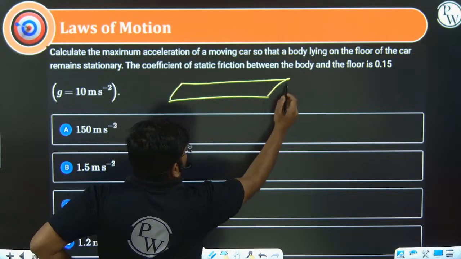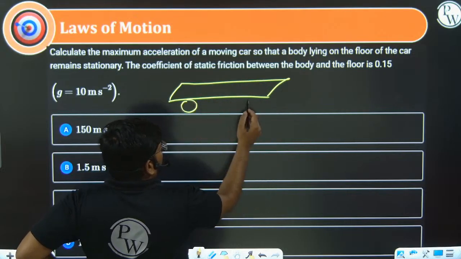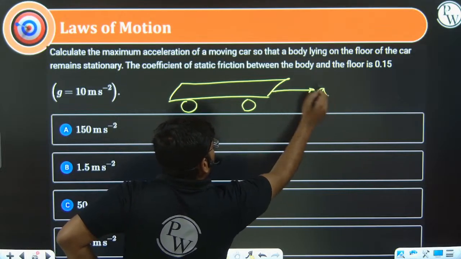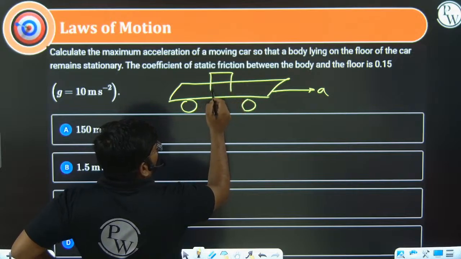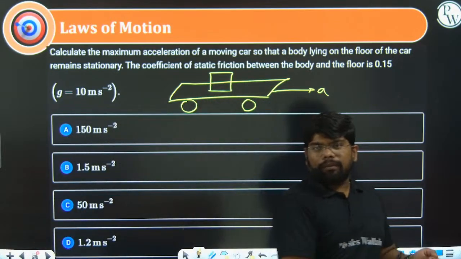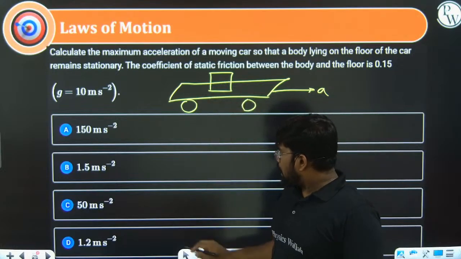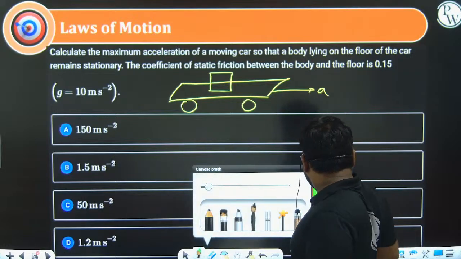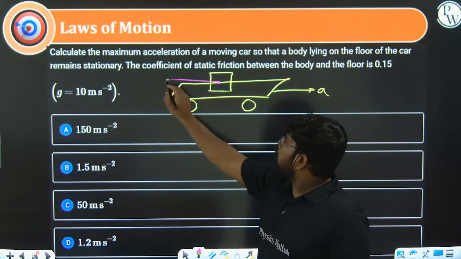This is the floor of the car, and the car is accelerating. If the car is accelerating, why will any object placed on the floor move? With respect to the car, it will experience some force, a pseudo force.